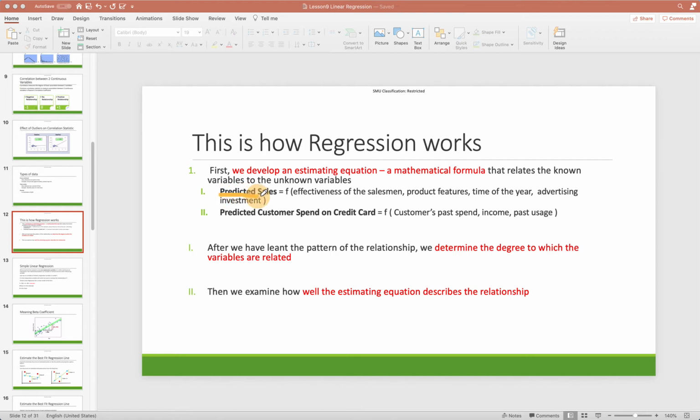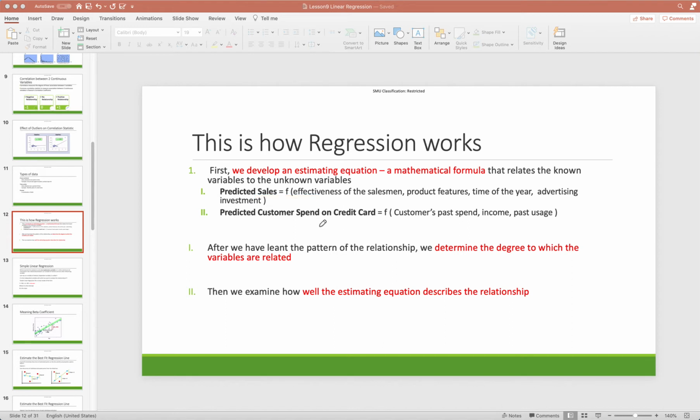If predicted sales, let's say this is your y variable, and you want to express it as a function of a couple of other factors, such as the effectiveness of the salesman, the product features, the time of the year, the advertising investment, etc. So basically, you see, we have expressed the sales as a function of other X factors.